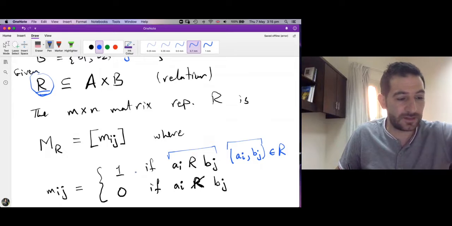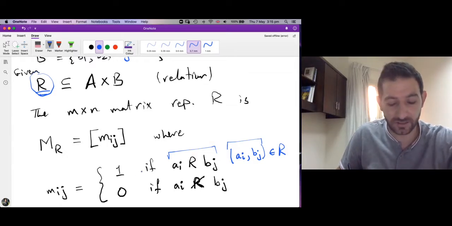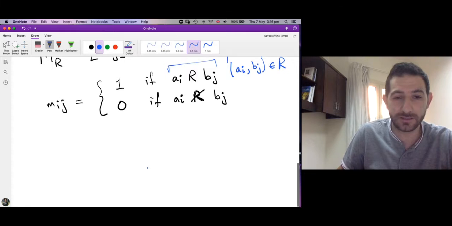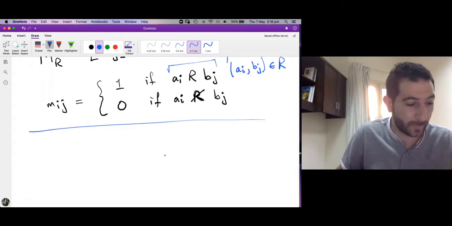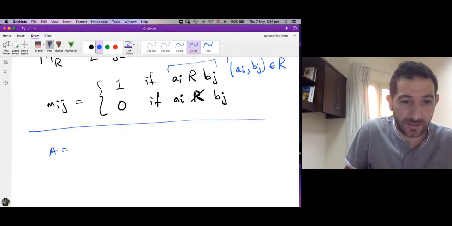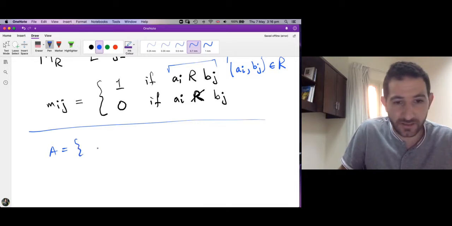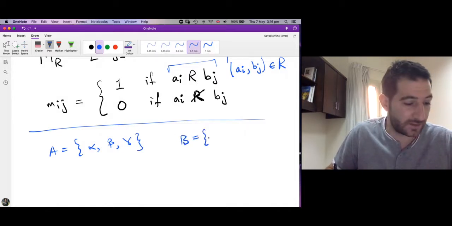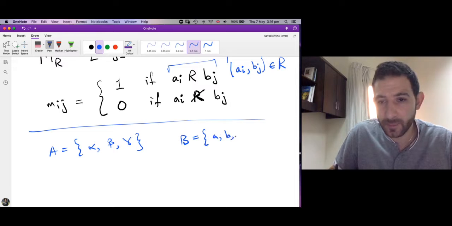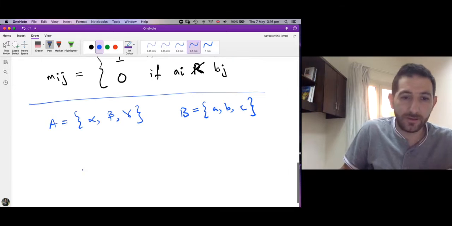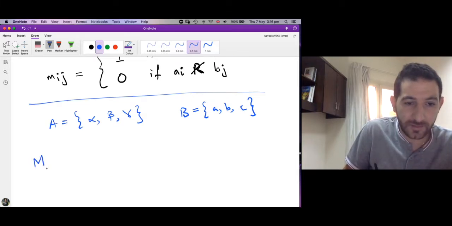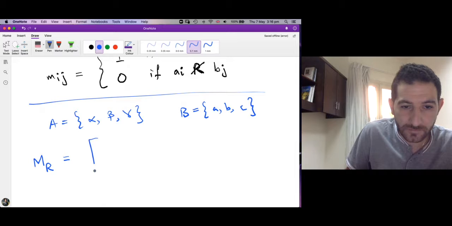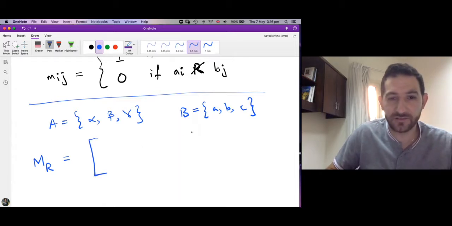Okay, so let's take another example, but in the reverse direction. Suppose we are given a matrix and we want to obtain the relation. So suppose our set A, its elements are listed as alpha, beta, gamma, and our set B, its elements are listed as a, b, c, and we are given the matrix representing some relation R. Notice that this matrix should have size 3 by 3.